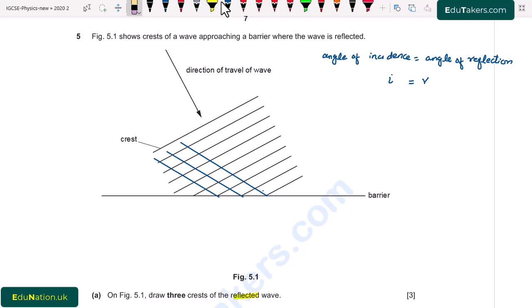So I am going to write the steps here, what I have to do. First, draw the normal. Second, determine the angle of incidence.